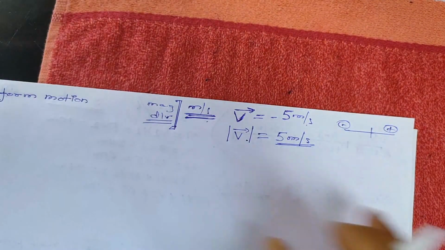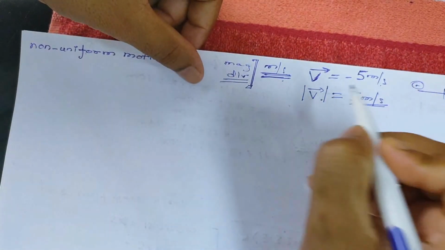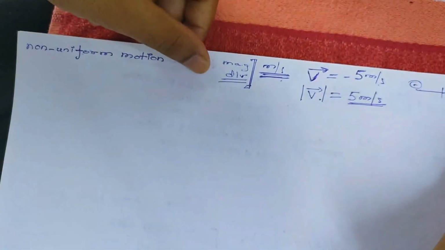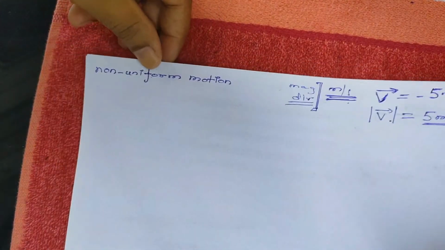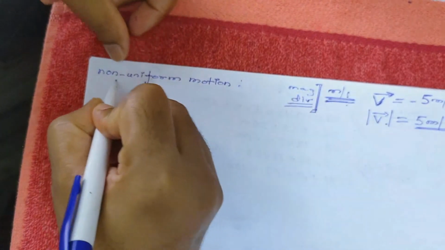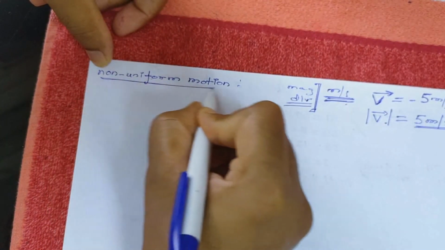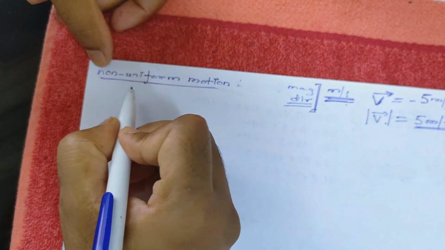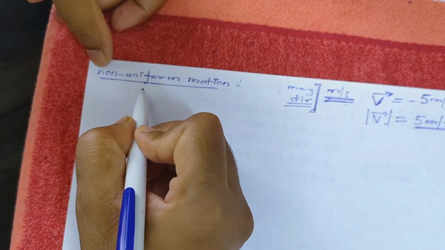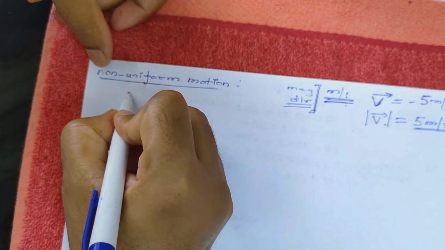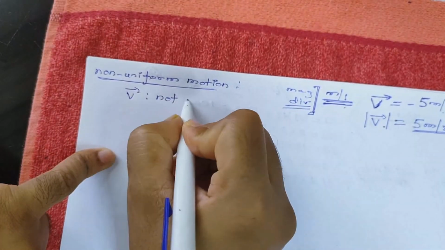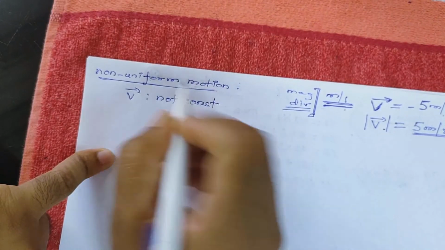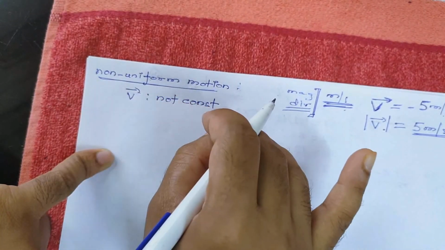Now I'm going to take an example where the magnitude of velocity is changing. That means the motion of the object is non-uniform. Velocity of the object is changing. It is not constant. Velocity is not constant, so you can certainly say it is non-uniform motion.